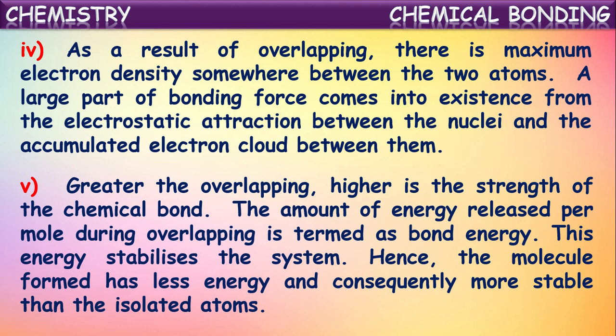While the bond is formed, a certain amount of energy is released from these two atoms. That energy we call bond energy. And thus the molecule formed has less energy than the individual atoms, so it is more stable than individual atoms. Okay, this is about valence bond theory.